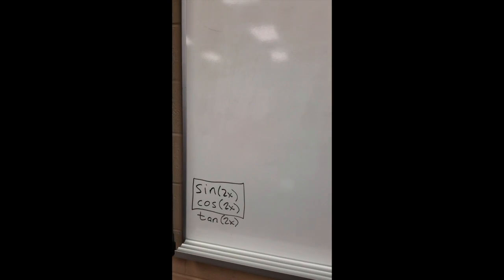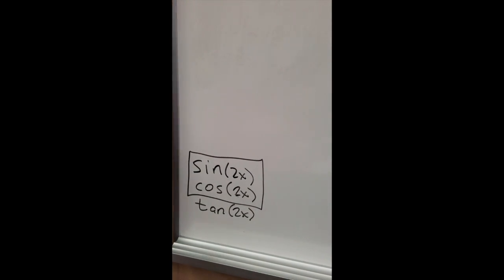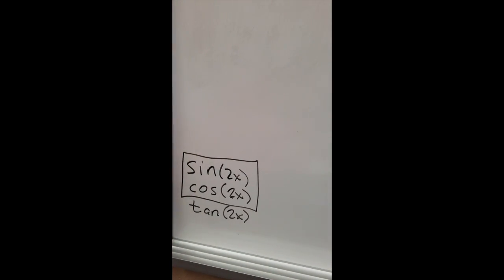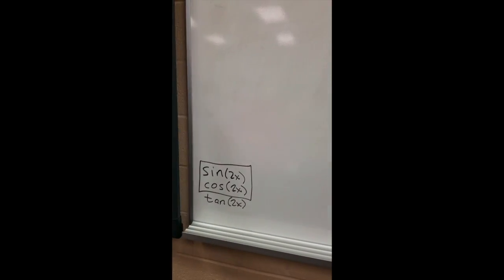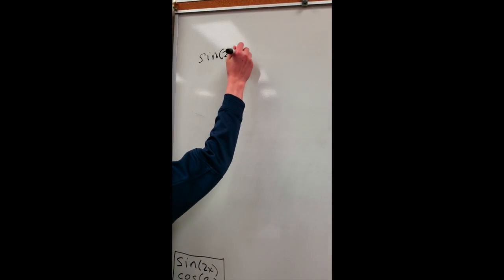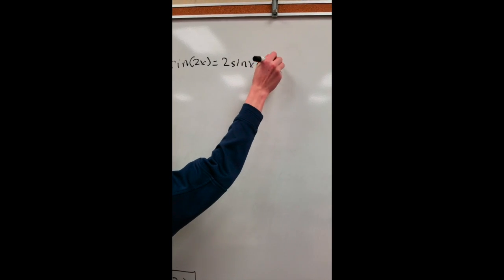Now we're going to be looking at proving the simplest of the double angle identities. These are the three simplest ones, sine 2x, cos 2x, tan 2x, but we're only going to be proving sine and cos. We can start off with sine. Sine of 2x is equal to 2 sine x cos x.